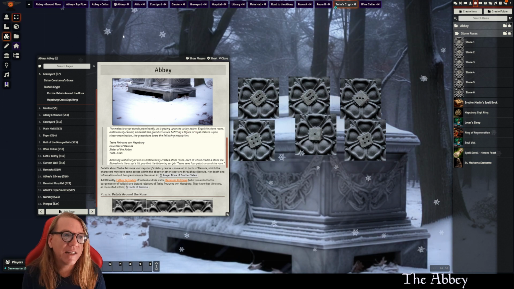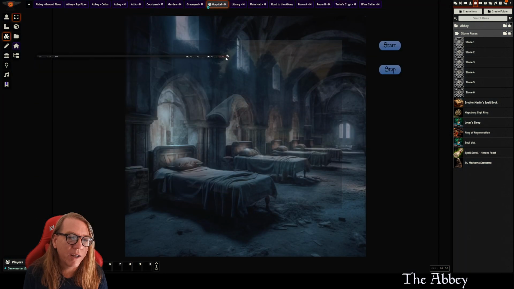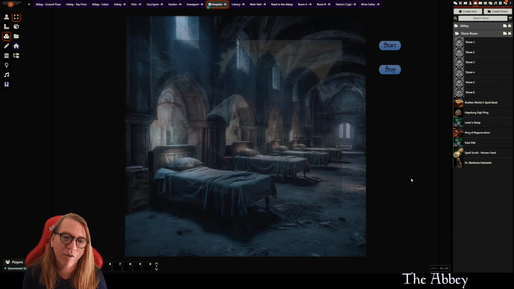Now, the one thing that I did change in the update was the hospital, and I really wanted this hospital to be an important scene. We have Brother Valen's prayer book, which the players can read to get an idea of what happened to the Abbey, the knights here being taken care of, and who Sister Markovia was.